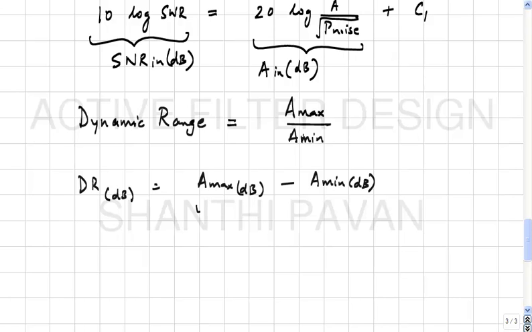This A max is coming due to distortion, this A min is coming due to noise. You understand? All right.